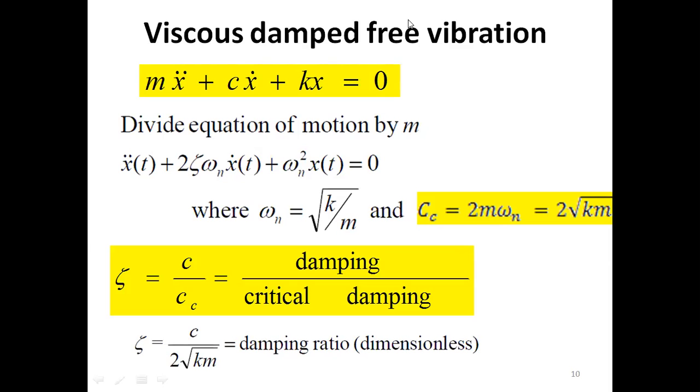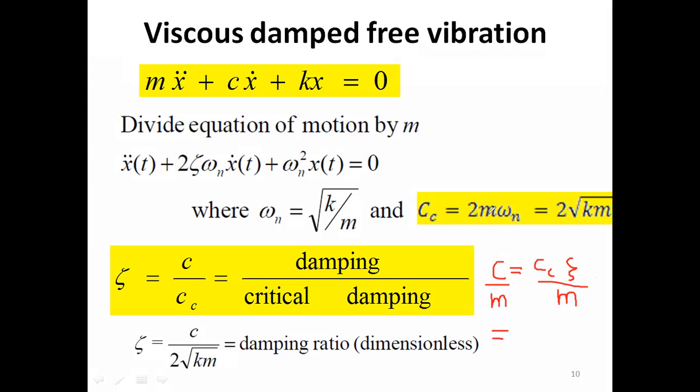So I will write this derivation here. From this equation, we could write down that C is equal to Cc times zeta. And if I divide both sides by m, here we have C by m, and here we would have Cc zeta by m.